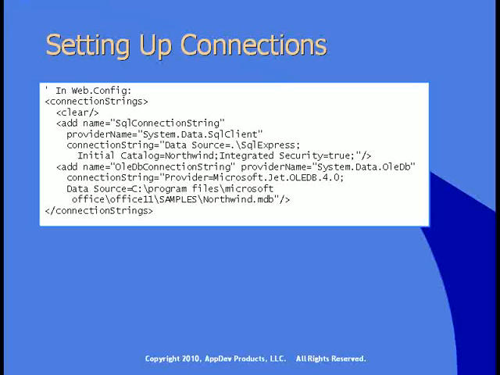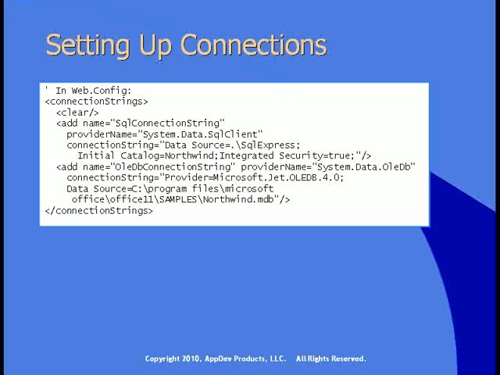You can see here that I have a number of connection strings, one for SQL Server, one for OleDb. The SQL Server connection string, the first one, has a provider name, System.Data.SqlClient. It's got a connection string which specifies the data source is SQL Express on my local computer. The initial catalog is Northwind. I'm using the Northwind sample database.